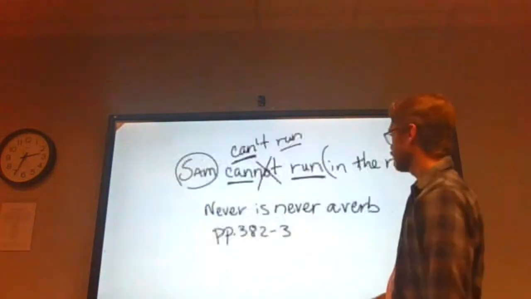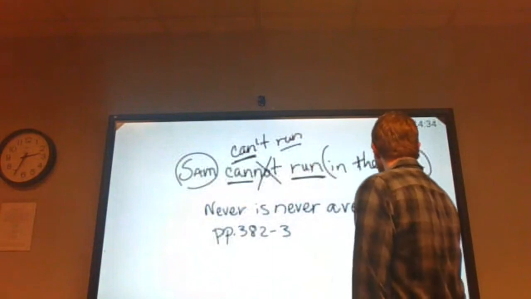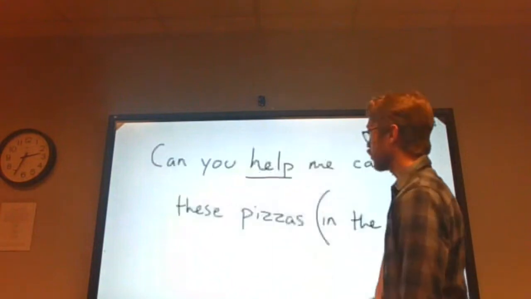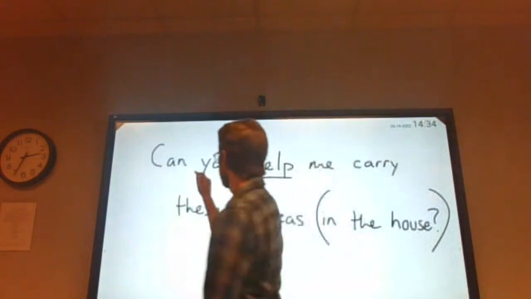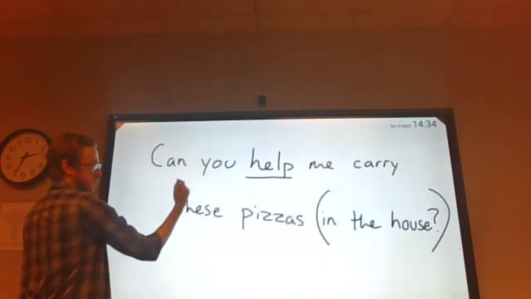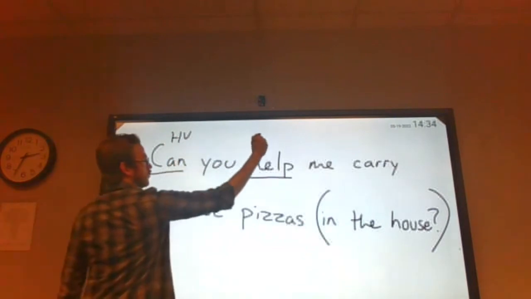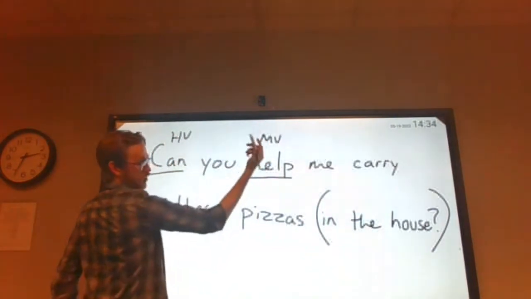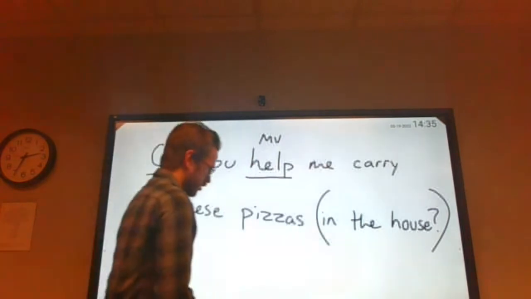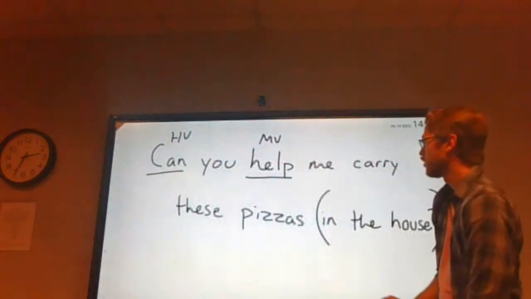Just like on this slide when we included the helping verb and the main verb, or the action verb, we're going to do the same thing here. Even though it's separated by this you, we're still going to have helping verb, main verb, or action verb, if you prefer. So both halves of our verb are can and help.